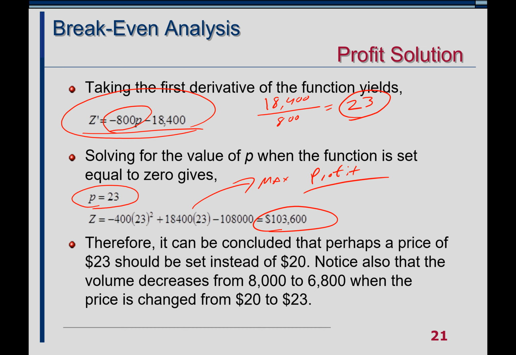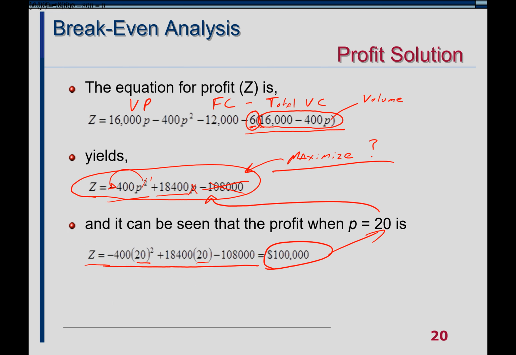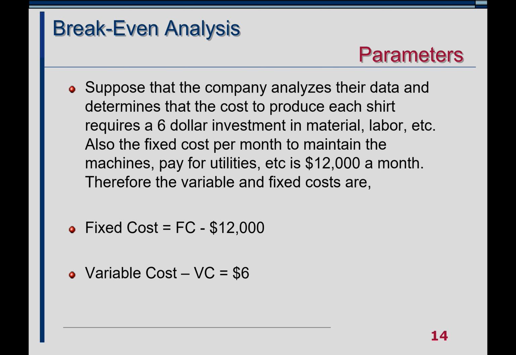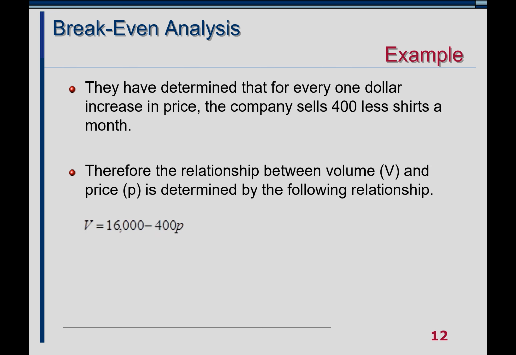Notice that the volume decreases from 8,000 to 6,800 when the price is changed from 20 to 23. So it's like, well, what are you talking about? Well, remember our volume is equal to, what do we say, 16,000 minus 400p. Yep, 16,000 minus 400p.